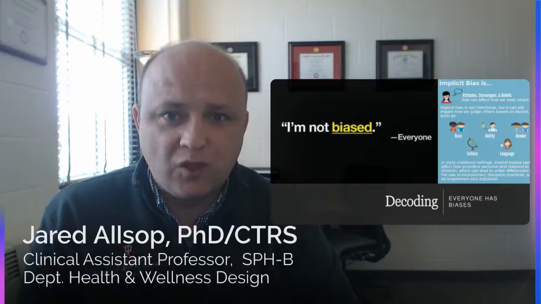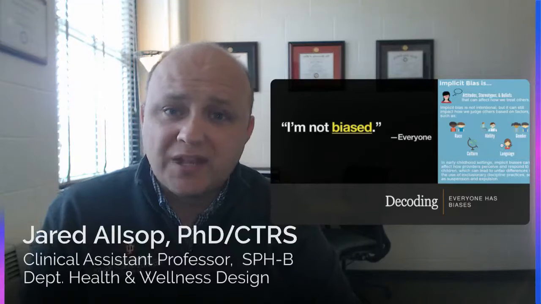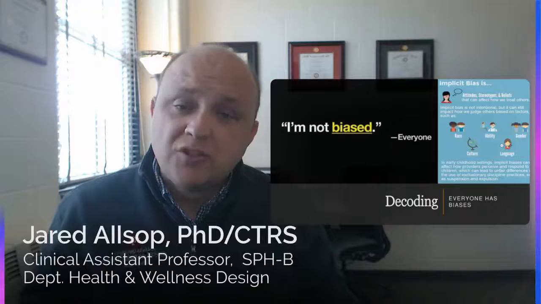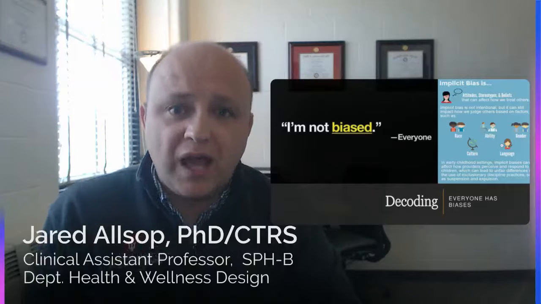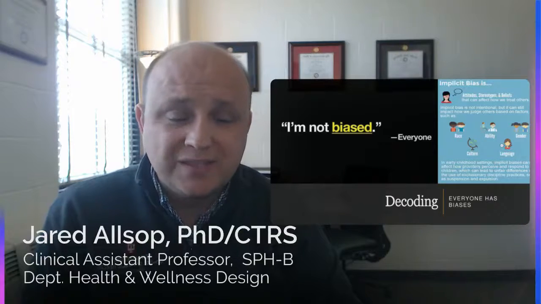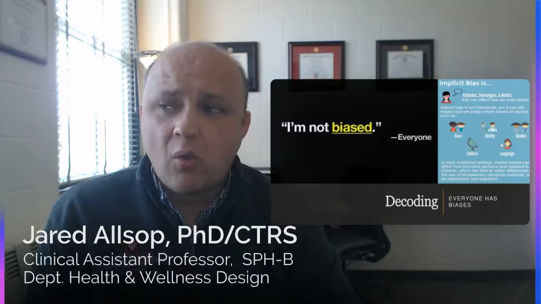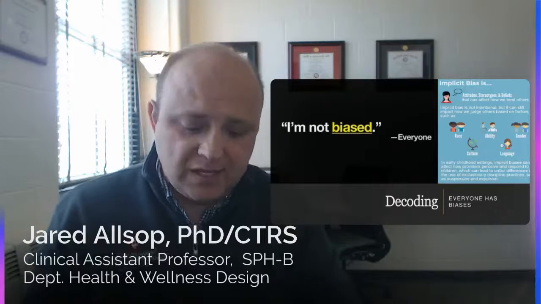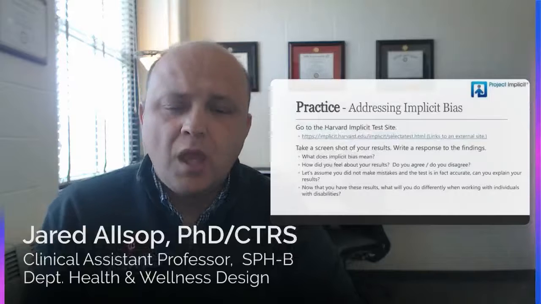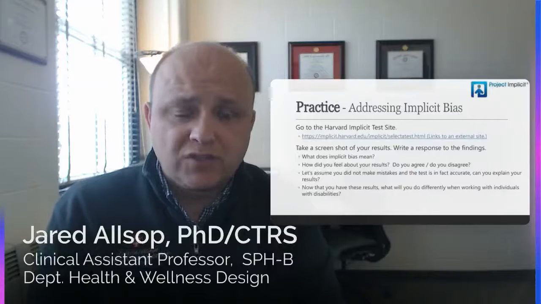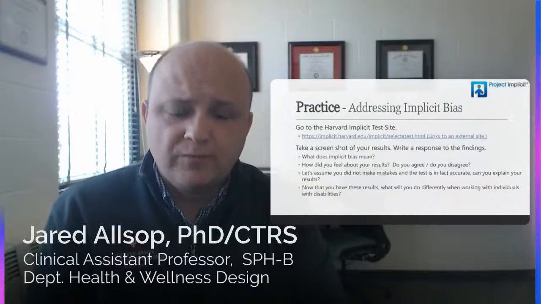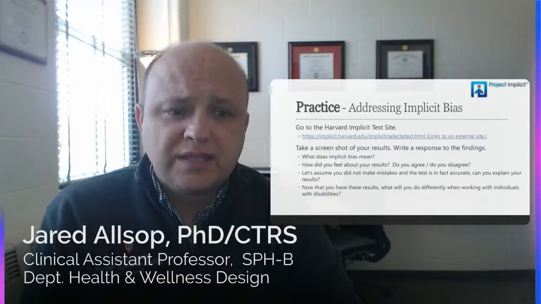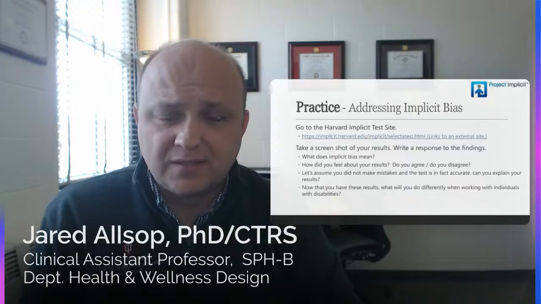So I had to go back and decode what was going on and help them understand that everyone has biases. To do this, I brought in a series of online innovative teaching strategies to help them truly understand what implicit bias was and how to see it in themselves. After doing the online Canvas journal articles and having a discussion, I would have my students go and take the Harvard Implicit Bias Test.